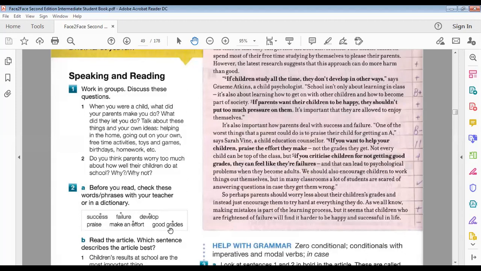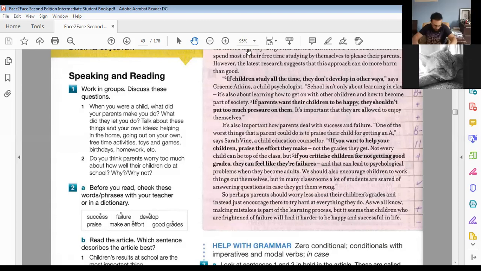Can you show me where the verb is? In the if clause, in each one of them. Number 3, 4, and 5. Okay. And if parents want. This is number 3.